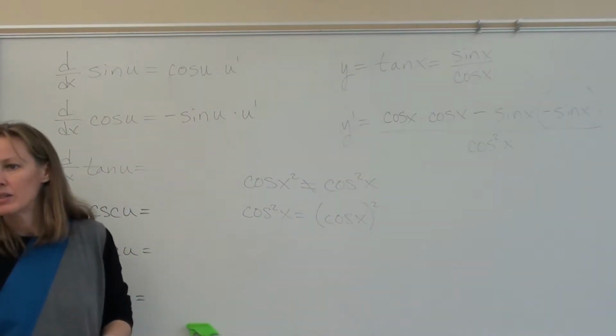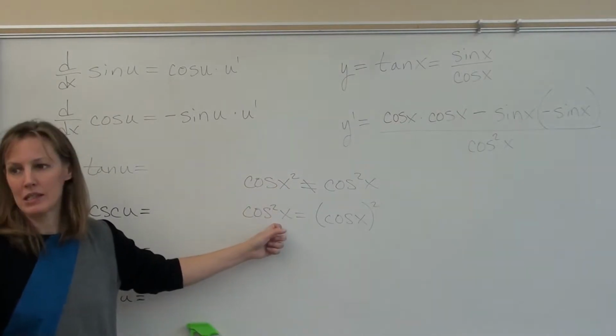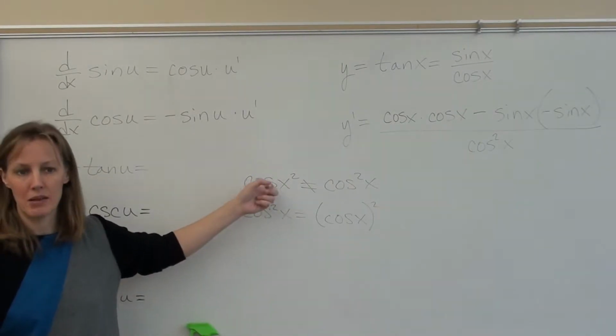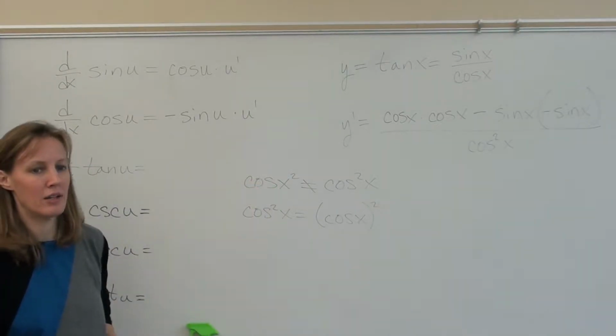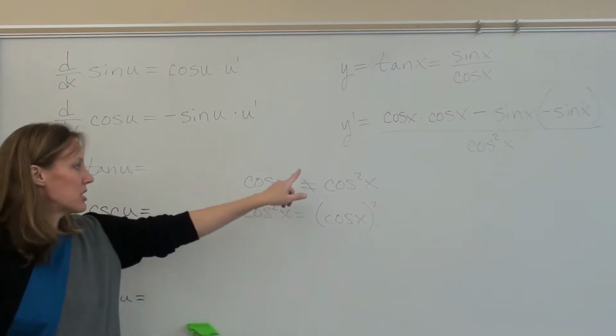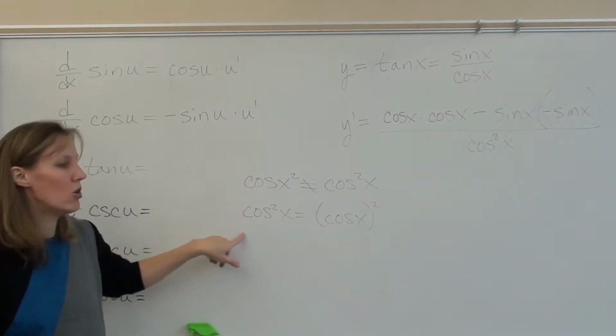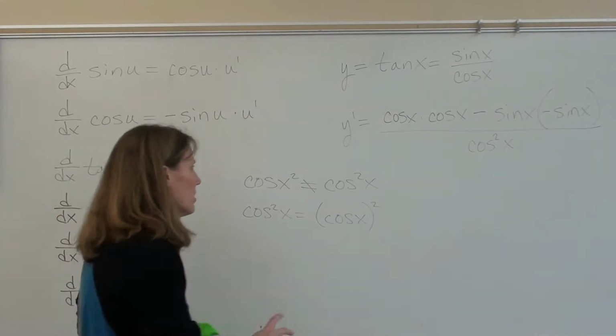So if you see just the x squared, this is not the same thing as this, and this is not the same thing as this. I had people misinterpret in both directions on the last quiz. So just be careful where that squared is, if it's just on the argument or if it's on the whole cosine. Okay?